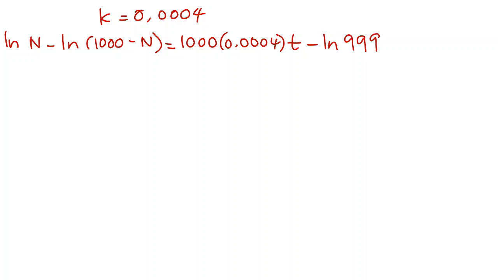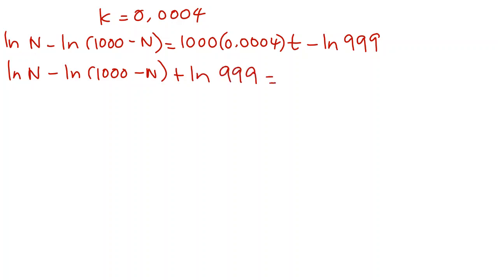Okay, so we're going to simplify this equation, where you're going to have ln n minus ln 1000 minus n plus ln 999 equals 0.4t.